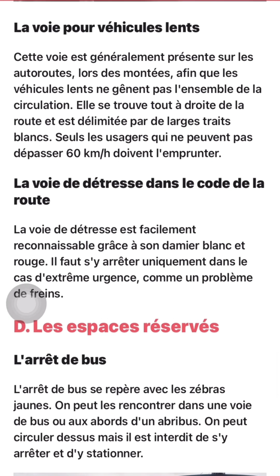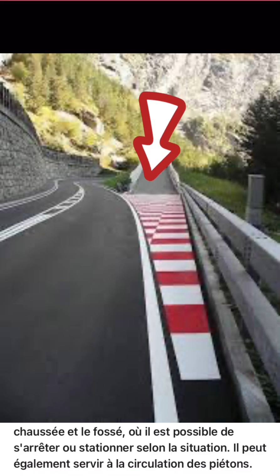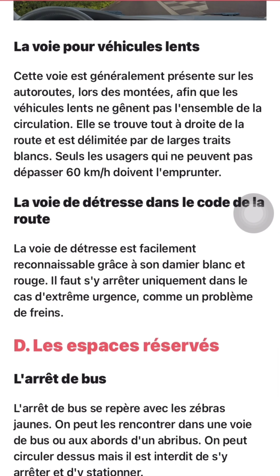Another one is la voie de détresse in the code de la route. I will get the picture, and if I can get it, I'll put it beside it as we are going.